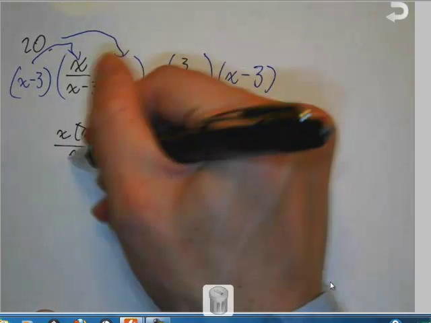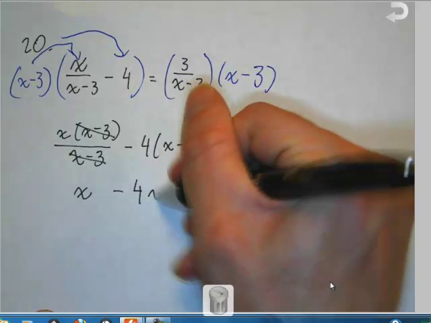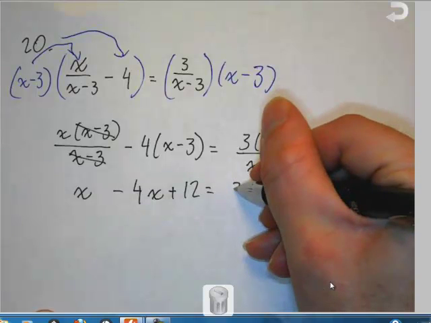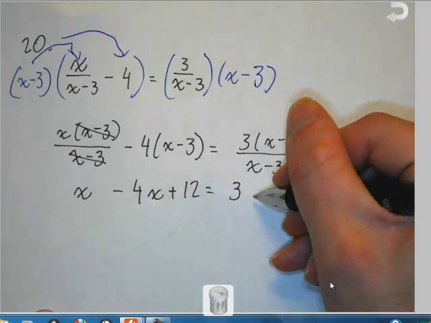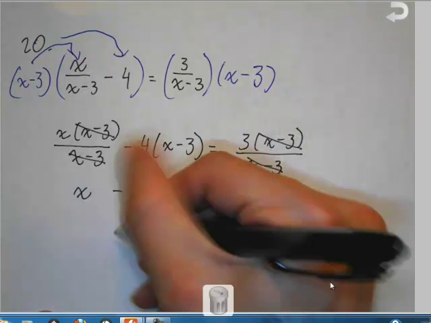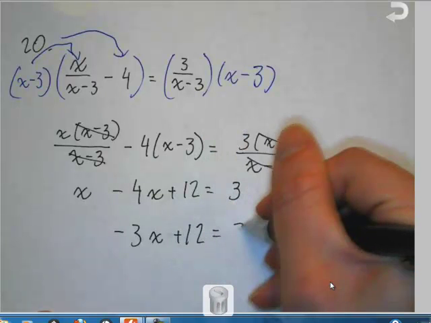X minus 3 cancels here and here. So you have x minus 4x plus 12 is equal to 3, because these cancel. So now you have negative 3x plus 12 is equal to 3.